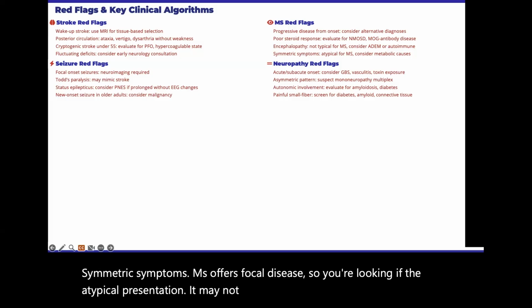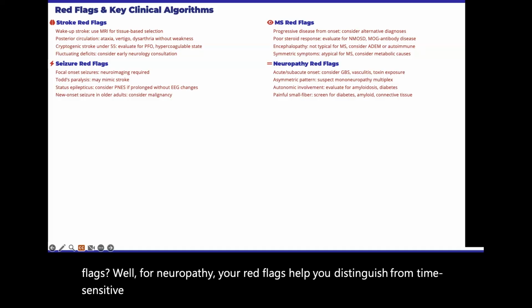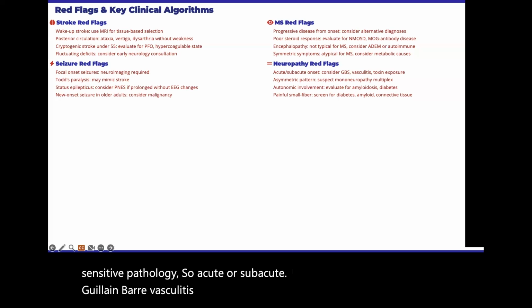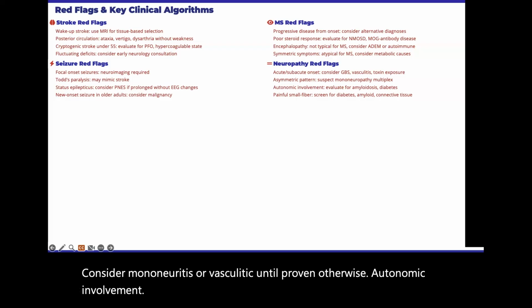What about the neuropathy red flags? Well, for neuropathy, your red flags help you distinguish from time-sensitive pathology. So acute or subacute: Guillain-Barré, vasculitis, toxic exposure. Asymmetric pattern, consider mononeuritis or vasculitic until proven otherwise. Autonomic involvement, think amyloidosis or longstanding diabetes.